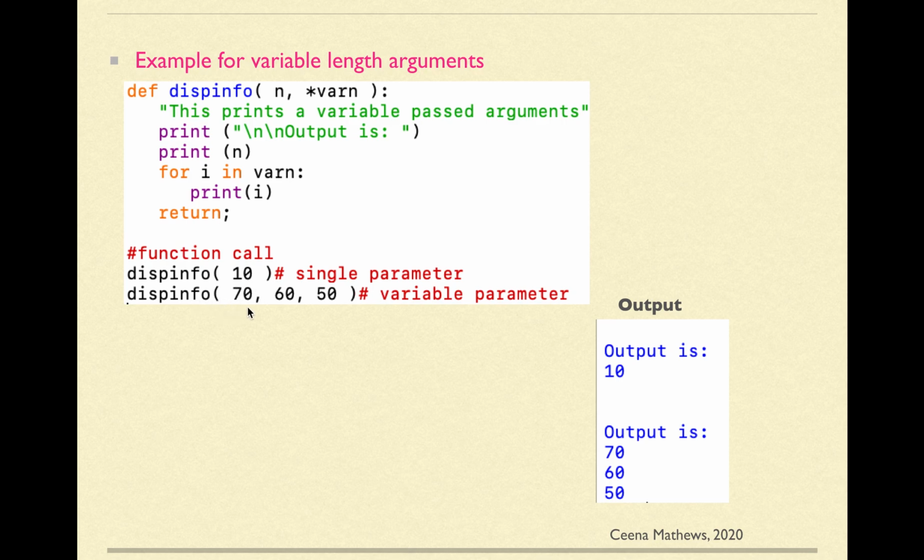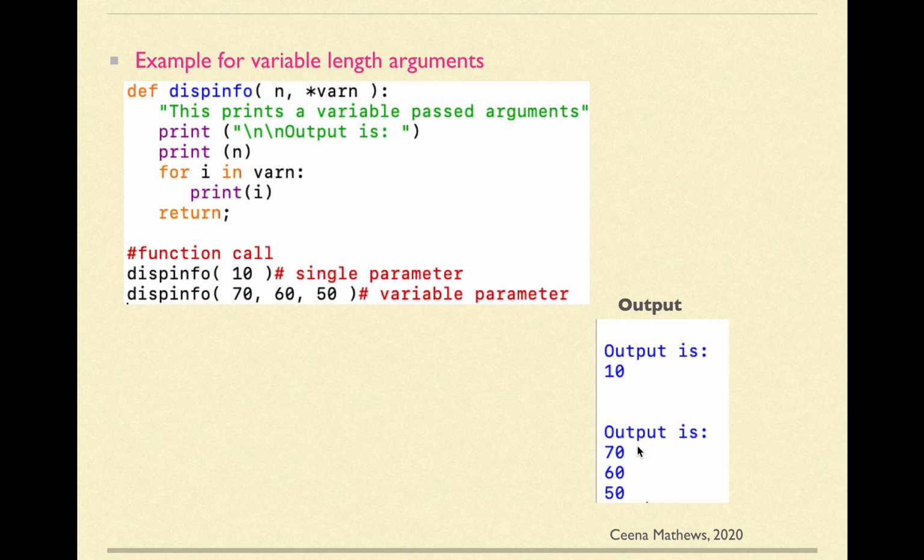Whereas in the second function call, we have the value for n as well as two values for the var n. And each value of this var n is accessed using the for loop. And you can see in the output the first function call's output as well as the second function call's output displayed. And that's all about the arguments in Python.